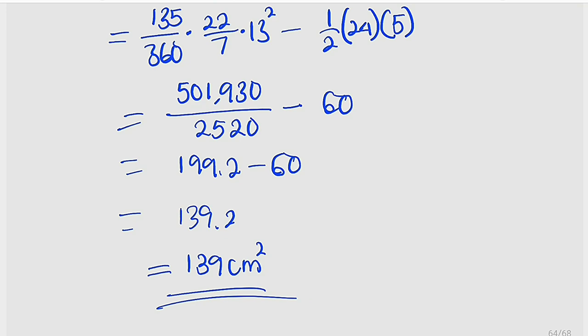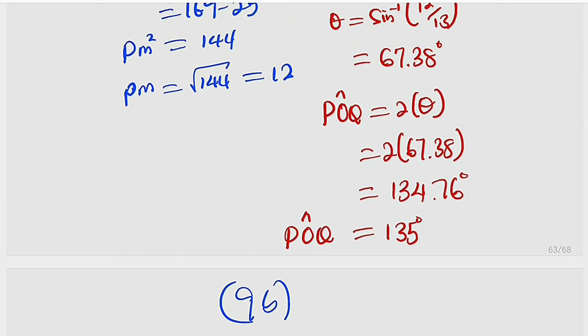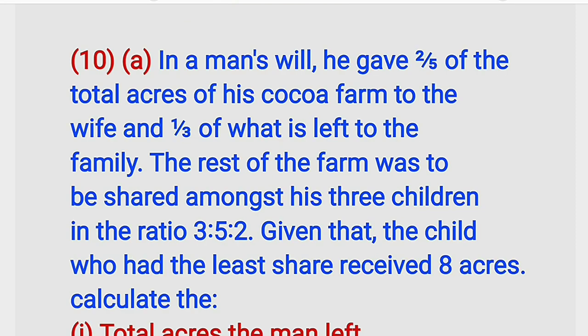Now let us move on to question number 10. Question number 10A reads, in a man's will, he gave 2/5 of the total acres of his cocoa farm to his wife, and 1/3 of what is left to the family. The rest of the farm was to be shared among his 3 children in the ratio of 3 to 5 to 2.